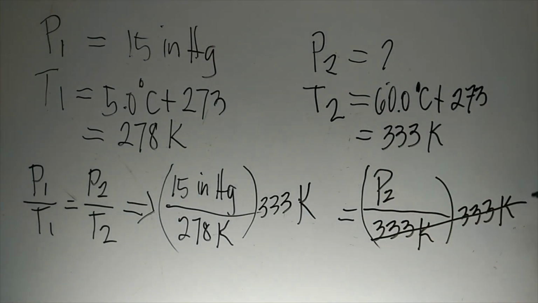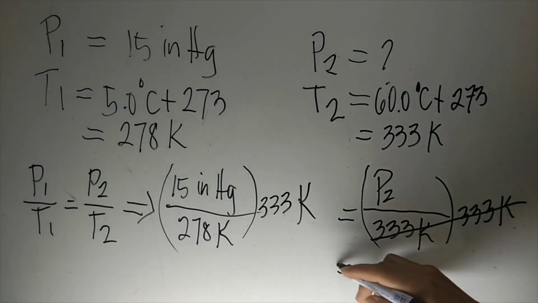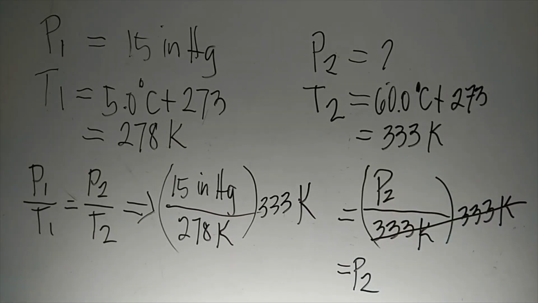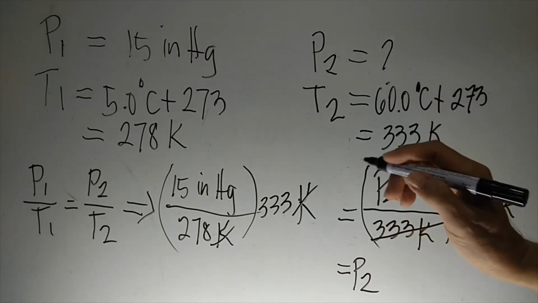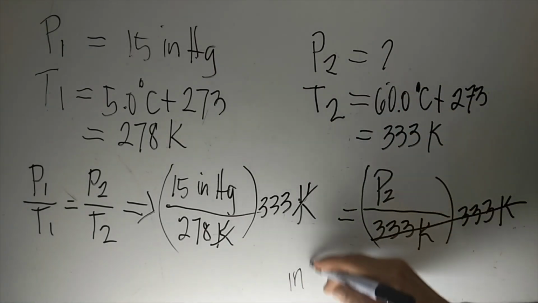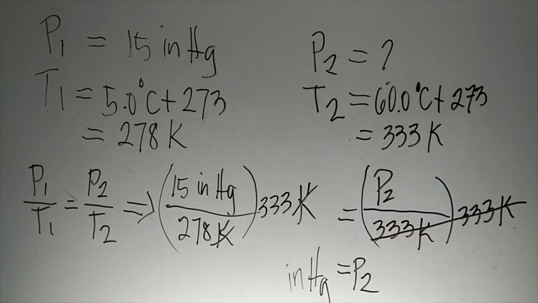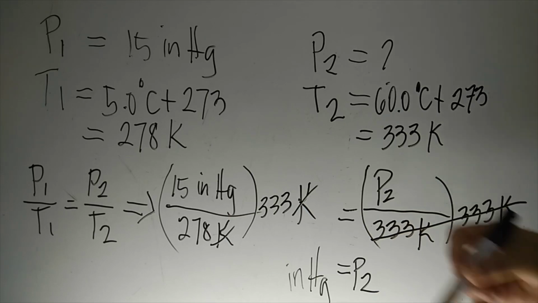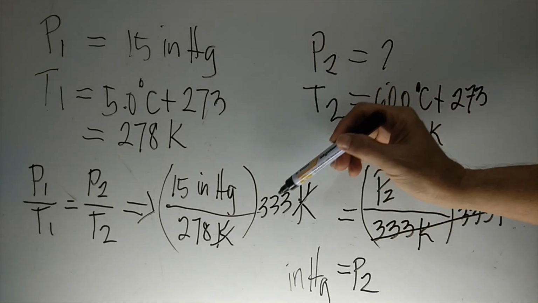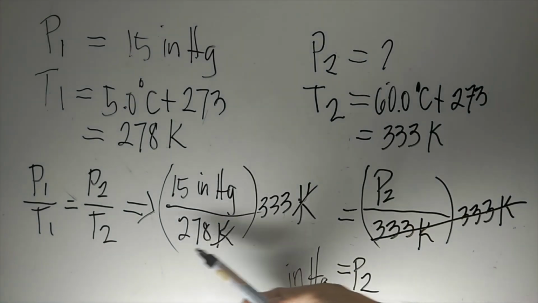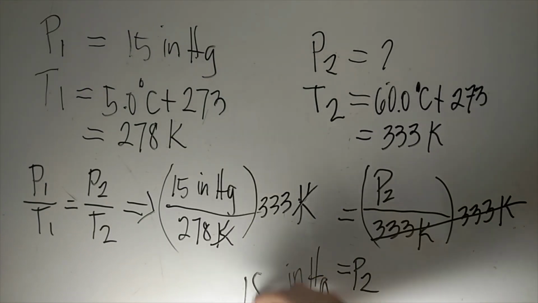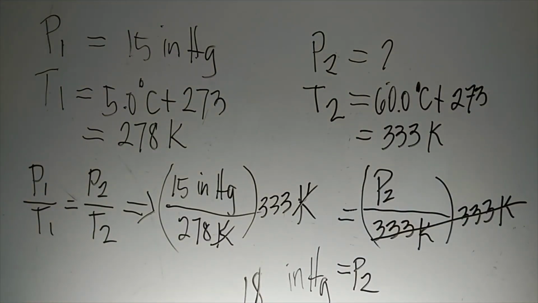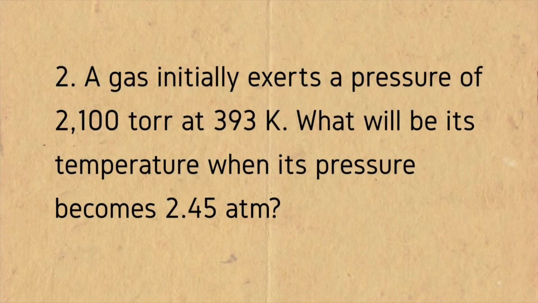So this will cancel. What will remain in here will be P2. So this unit will be cancelled, and the remaining unit is inches of mercury. So using your calculator, 15 times 333 divided by 278 will give you a value of 18 inches of mercury.